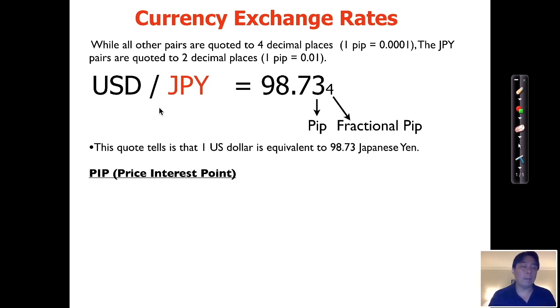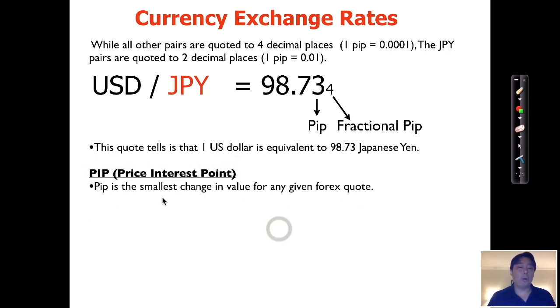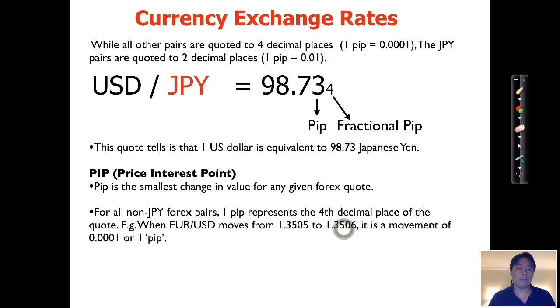So again, what's a pip? A pip is known as a price interest point. It's the smallest change in value for any given Forex quote that we're interested in. Of course, the smallest one is the fractional pip, but we don't care about that. For all non-yen Forex pairs, 1 pip represents the 4th decimal place of the quote.